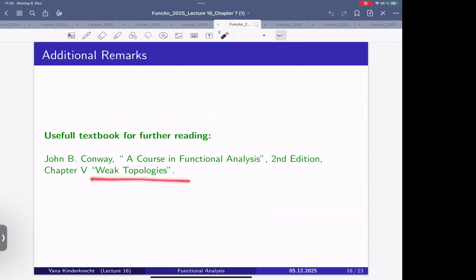You can read about weak topologies in chapter 5. Also, what I'm describing now, you can read in this book of Conway. It is chapter 6, proposition 1.4.